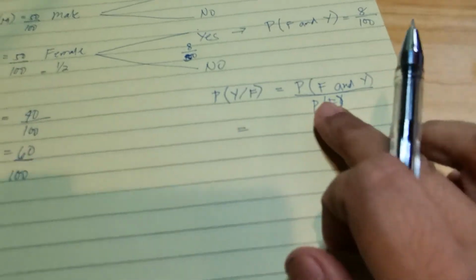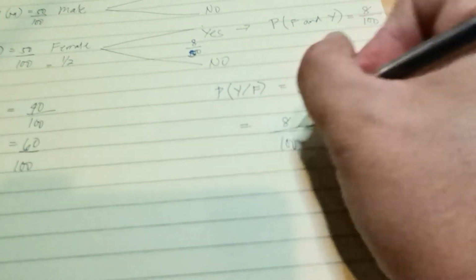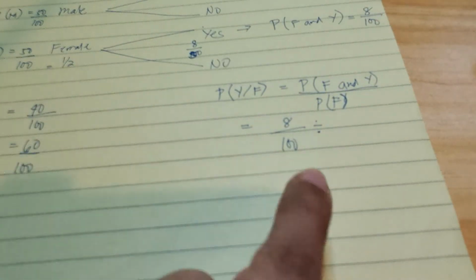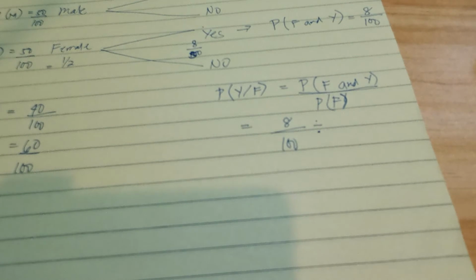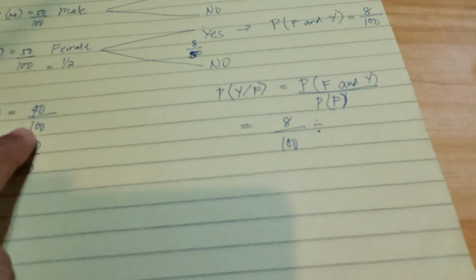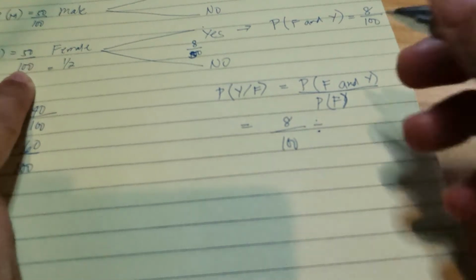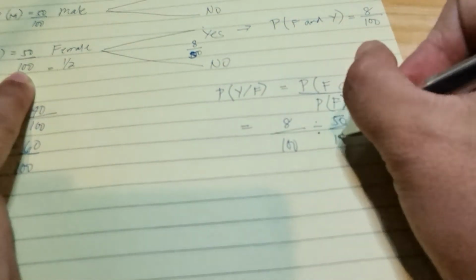So, ang probability ng F and Y natin ay 8 over 100 divided by the probability of female, which is 50 over 100.